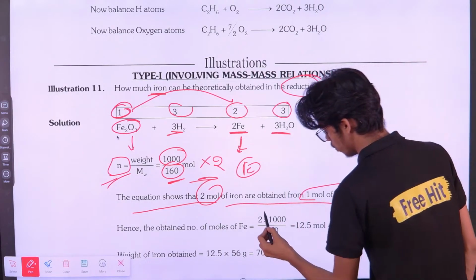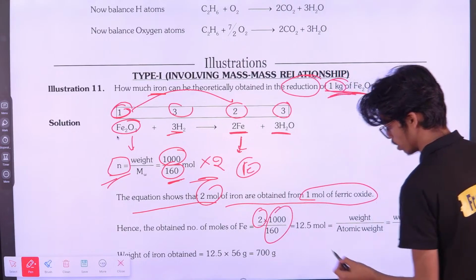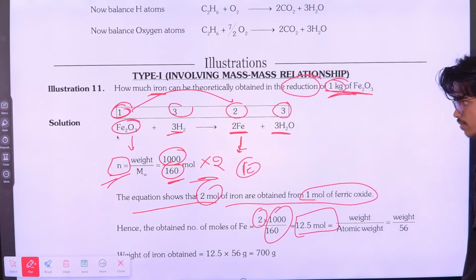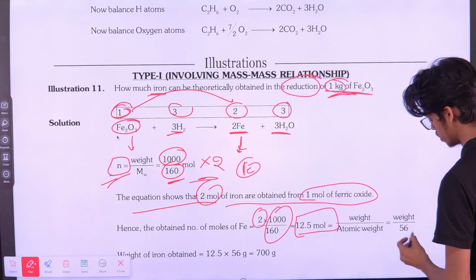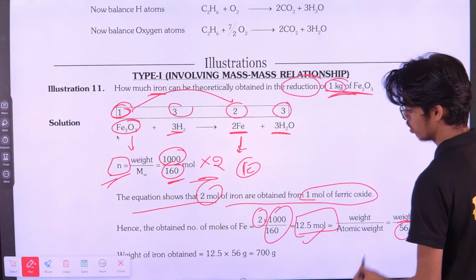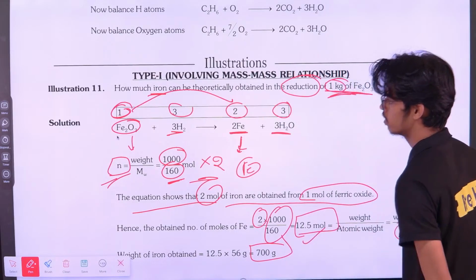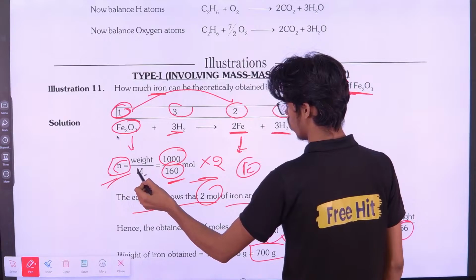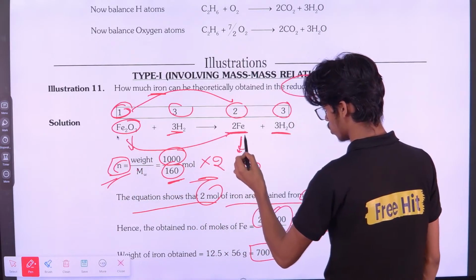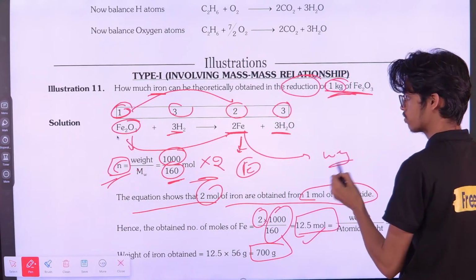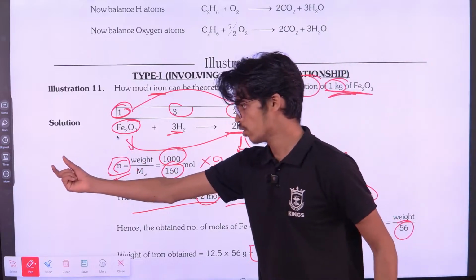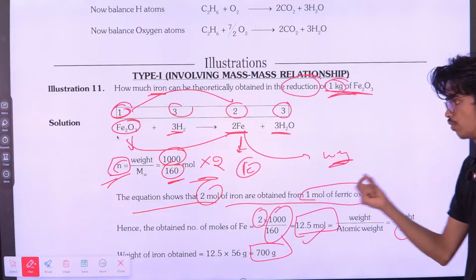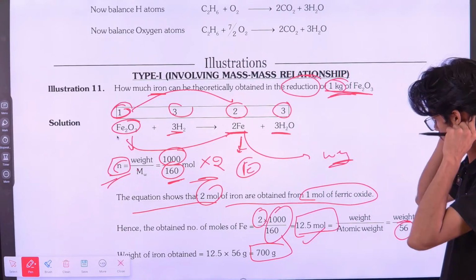So the number of moles is 2 into this particular number. So you get 12.5 mole, and for 1 mole of iron, what is the weight? 56. So for 12.5 mole, 700 gram. Got it? So you went from weight to moles, then moles to moles, then moles again to weight. Understandable? Weight of Fe2O3 to moles of Fe2O3 to moles of Fe to weight of iron again. Correct?